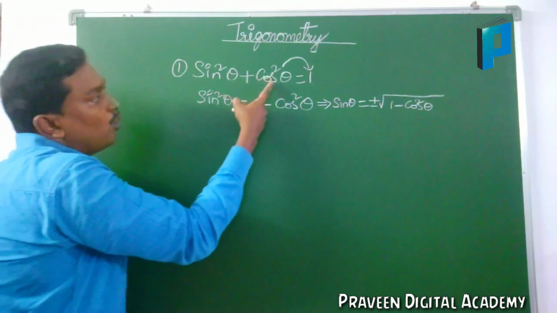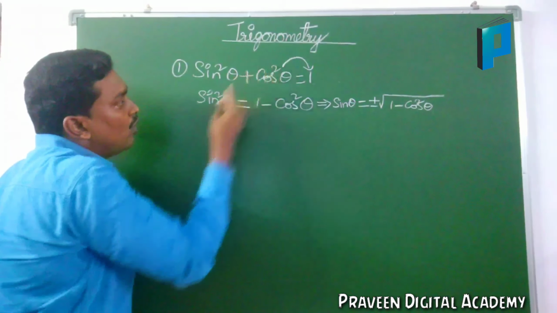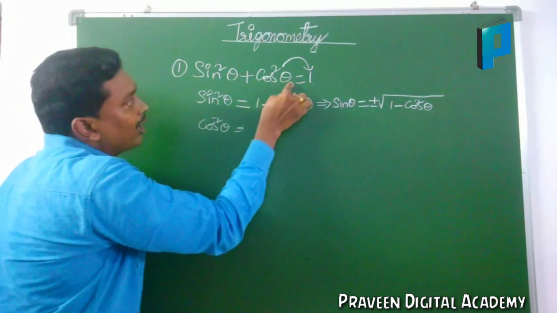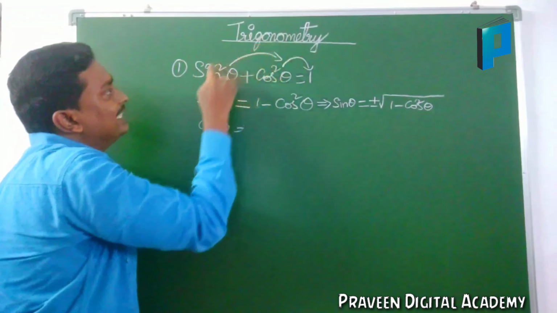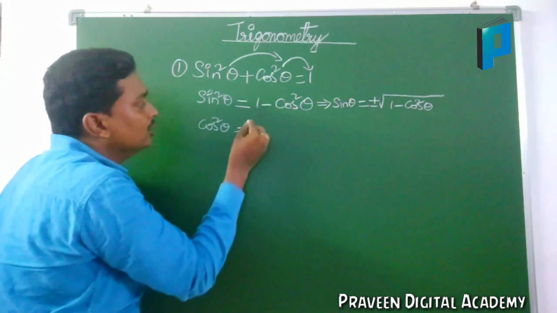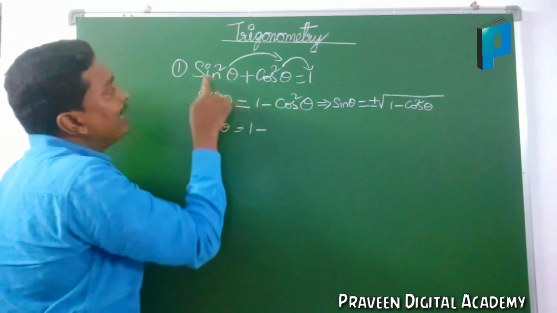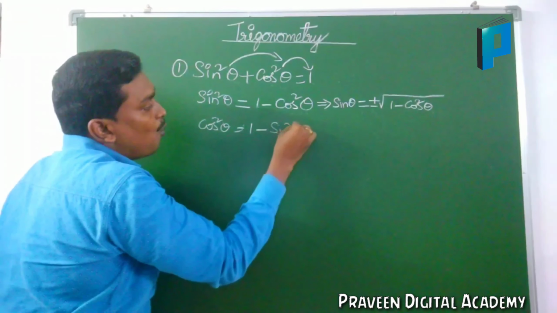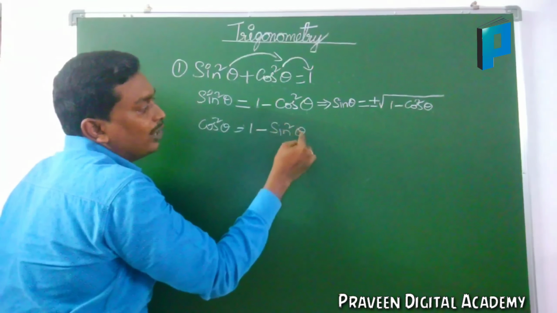If you want to know only cos square theta, what will we do? We will send sin square theta to the right side, so it becomes 1 minus sin square theta.